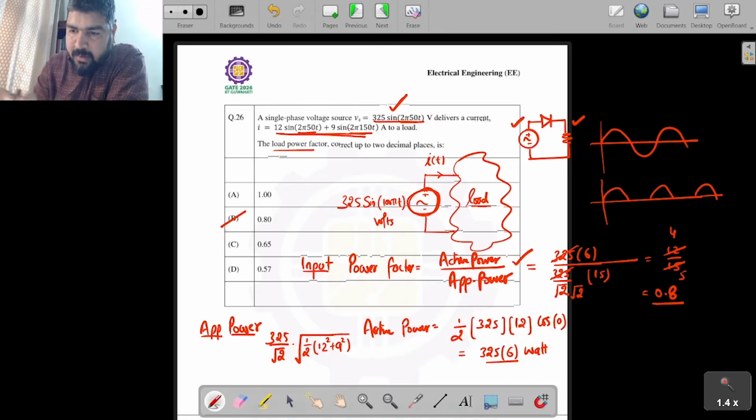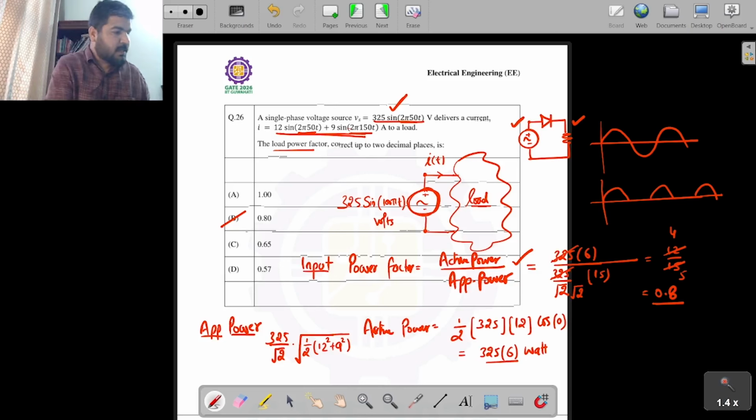So there is some confusion in this problem. But if we assume that the load is directly connected to the source, then only we can solve the problem, and then only we will get the answer as 0.8. Okay, and the answer provided by the IIT's GATE authority is again 0.80. But let me tell you guys, this option is correct only if we assume that the source is directly connected to the load. Okay, I hope you got the point.